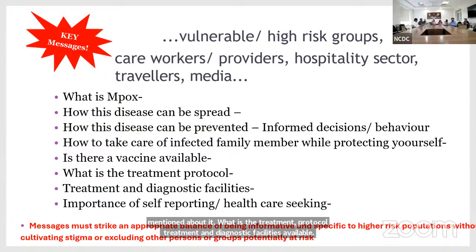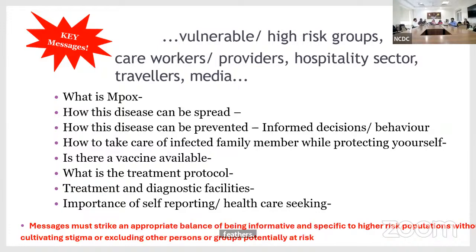Because for self-reporting, this becomes very important, because of the type of disease which we have seen and the type of group in which it happens. We also need to see that the messages strike an appropriate balance of being informative as well as being specific to the high-risk population, without cultivating stigma or excluding the people or groups which are potentially at risk, so that when they reach a diagnostic facility, the risk is communicated to them at the same time.